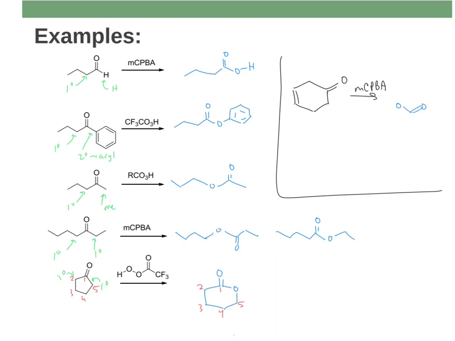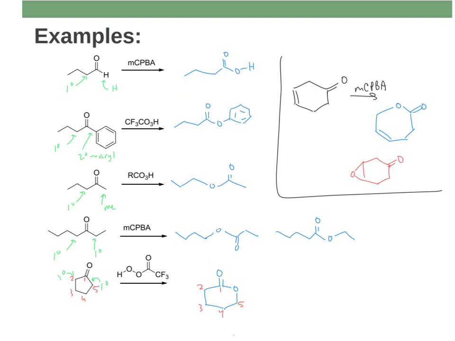So where I get some sort of, I have a hard time drawing 7-membered rings. Is that 7-membered? I think so. Where I've expanded the ring, but you're also going to get some reaction that you didn't want, because MCPBA, as you may remember, also reacts with alkenes to make epoxides. So just be mindful of that fact.